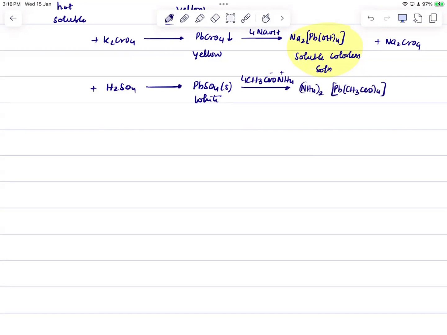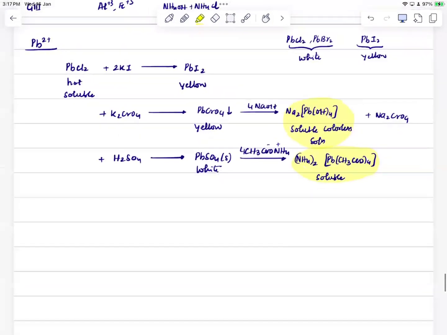This one also was asked in one of the sessions, so you can imagine the importance. Questions like what complex forms on excess reagent, you should learn more often. This was asked in 2 sessions, guys, so please be aware of how to write it.